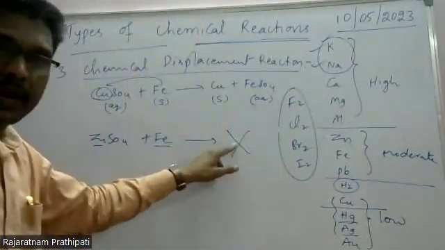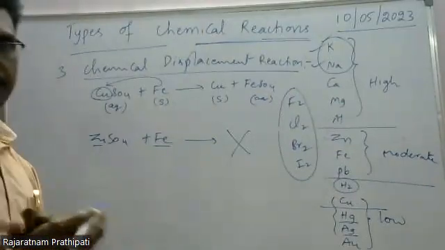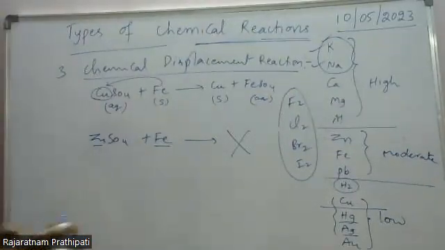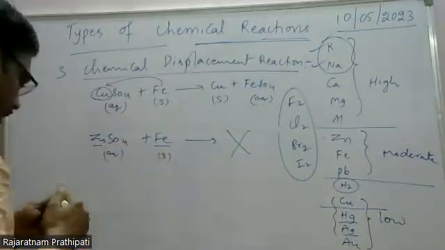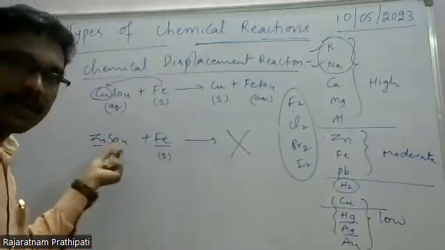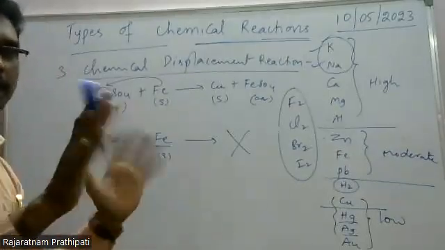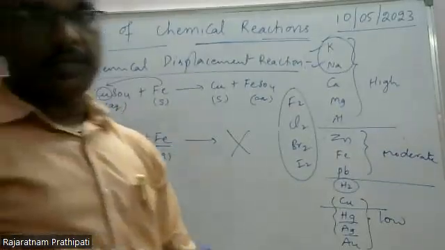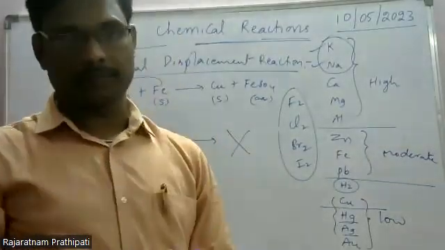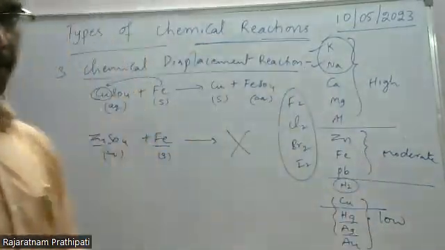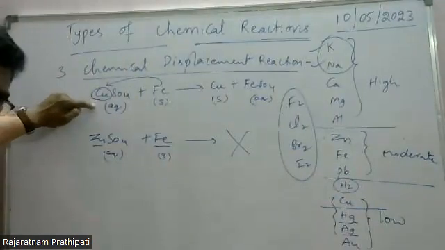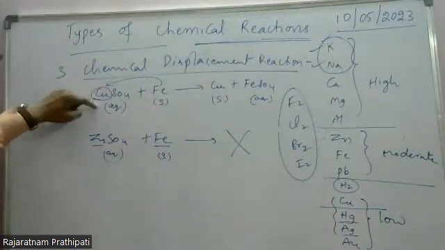That means no reaction takes place. This is an aqueous solution, and iron is solid. Iron nails are placed in zinc sulfate solution. There is no chemical reaction, no displacement reaction, because iron is less reactive than zinc. But in the case of copper sulfate, iron can displace copper.